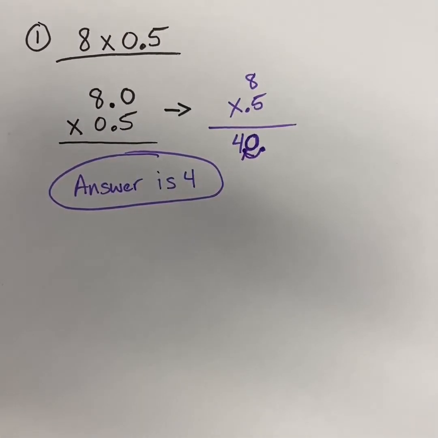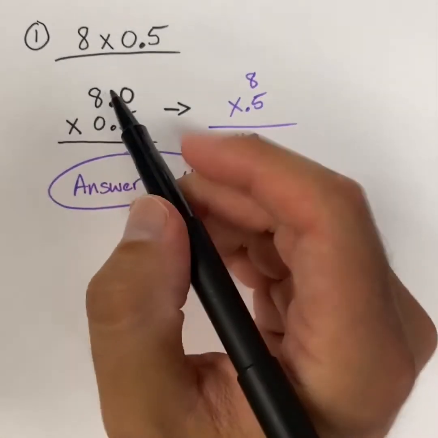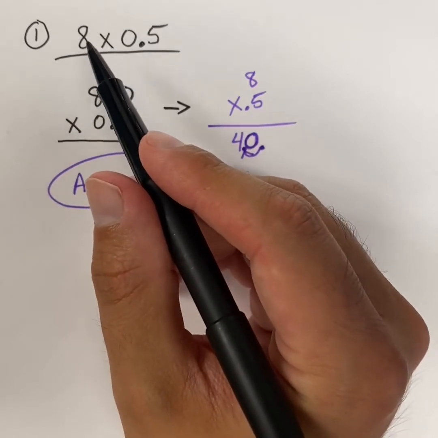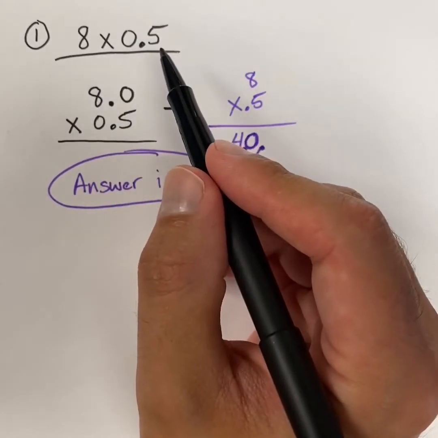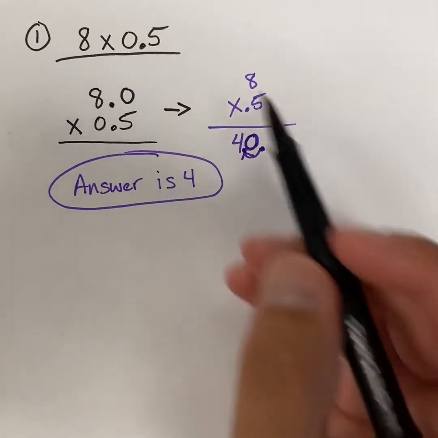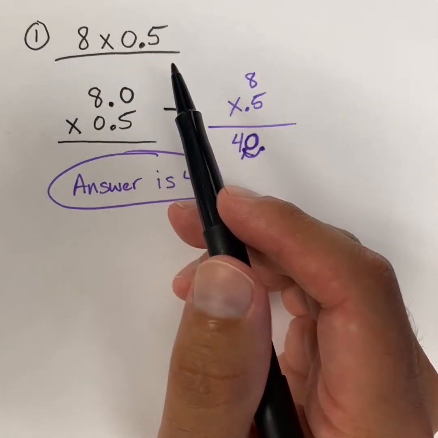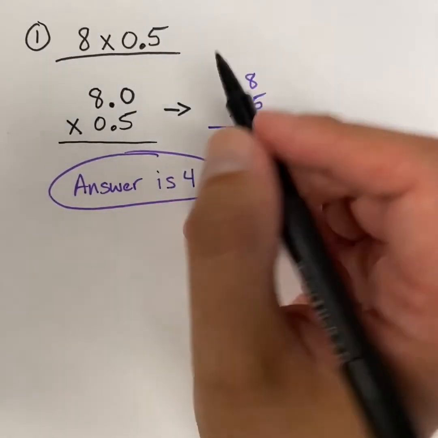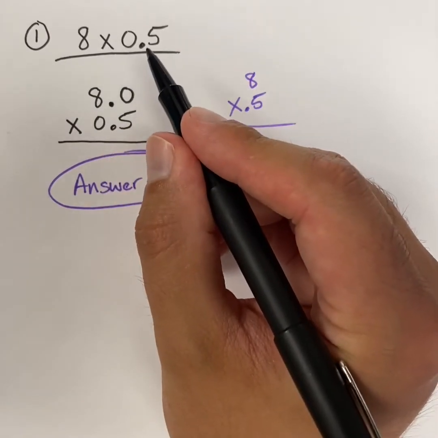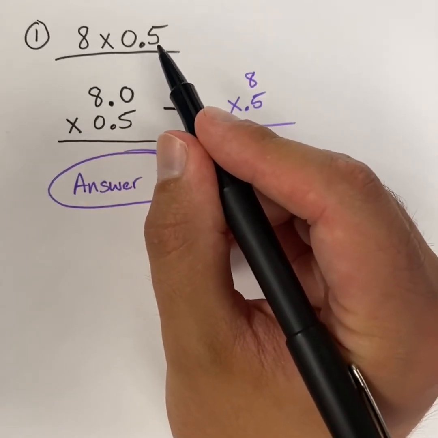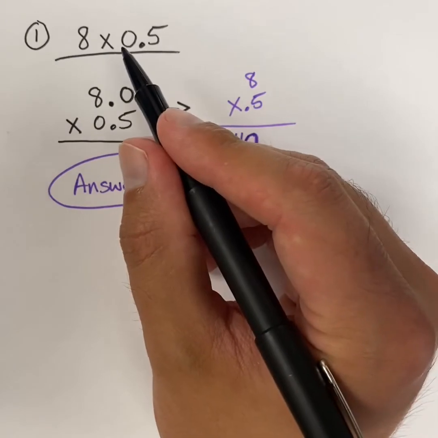Now I'm going to math nerd out on you for a quick second here. If this doesn't make sense to you, don't even think about it. In my original problem, I can see that this is 8 times 5/10. We could write 5/10 as a fraction, or we also know, or we might learn to know in the future, that 5/10 is actually half of 1. If we had another 5/10, we would make 1 whole.